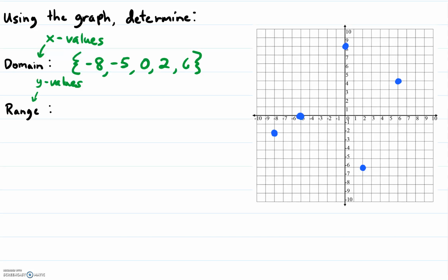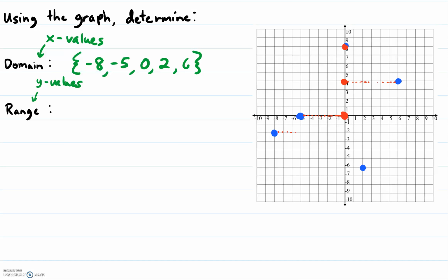So remember, for range, normally you would say how far down to how far up because you're talking about your y values, but since these are just discrete points, we just want to track everything back to our y-axis. So the top one is already on the y-axis. This point right here tracks back to a y value of 4. This point here tracks back to the origin, so a y value of 0.